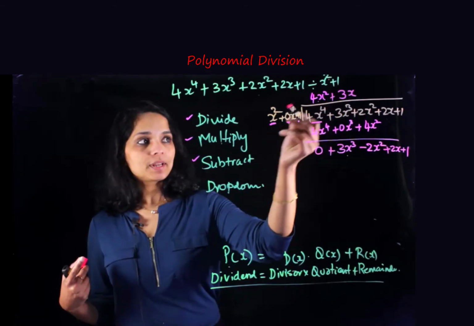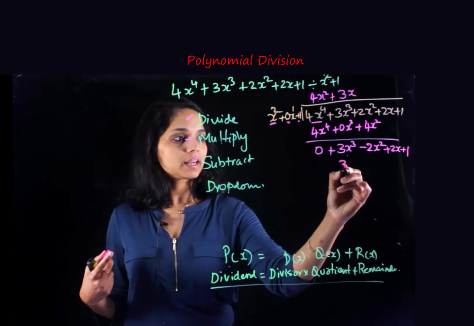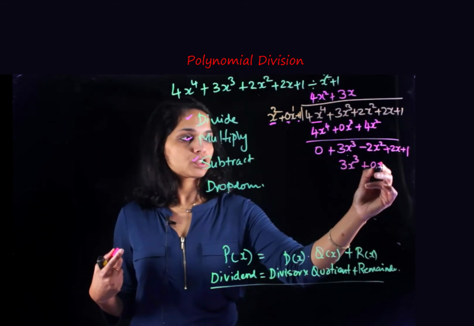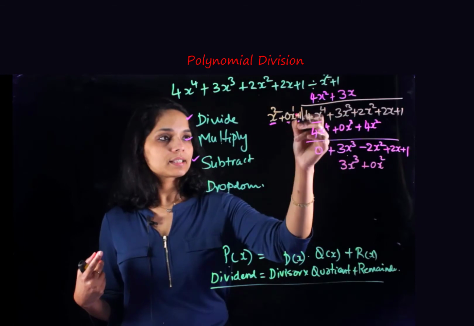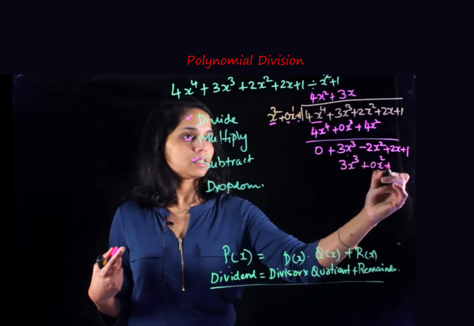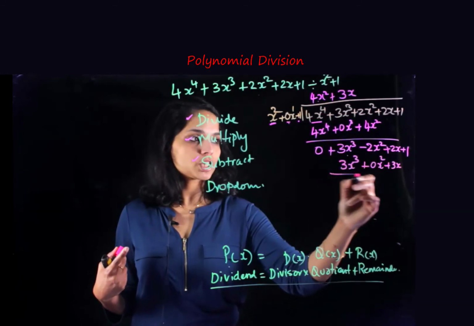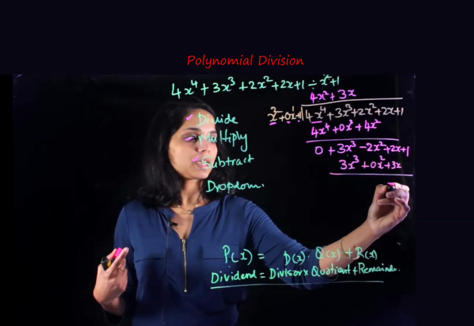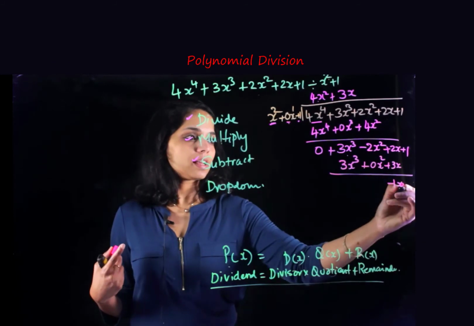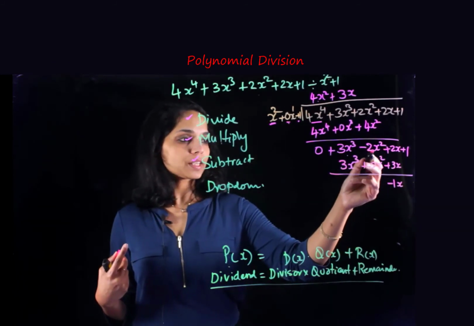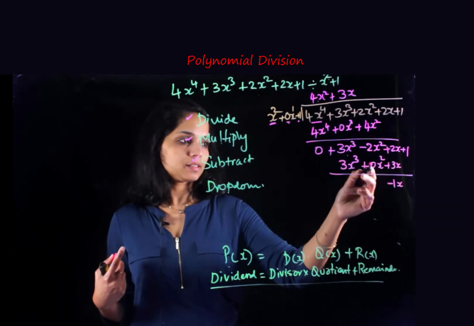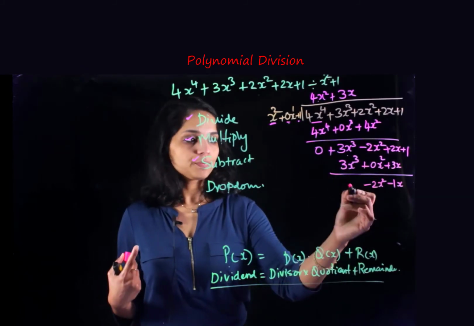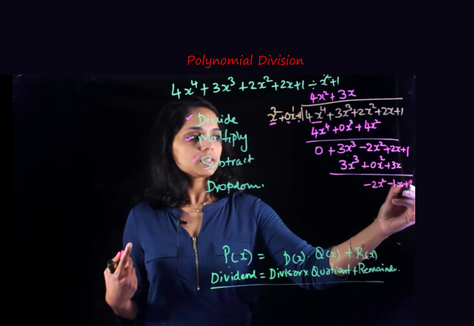And now we multiply: 3x times x squared is 3x cubed, 0x to the power 2, and 3x times 1 is 3x. Now subtract. 2 minus 3 is minus 1x, and minus 2x squared minus 0 is minus 2x squared itself, plus 0, and then drop down the rest of the things, plus 1.